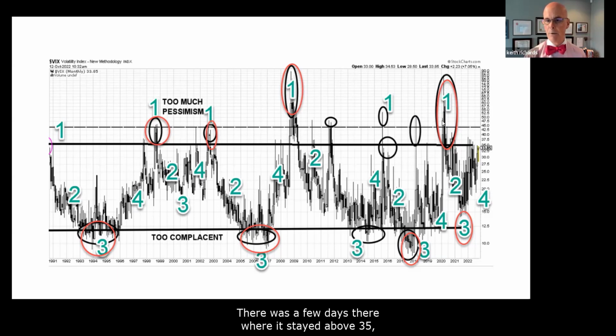There were a few days there where it stayed above 35, but there was one biggie where the VIX went quite high, as it did in the 09 March bottom. Okay, so we're not even near that yet. I mean, we see the VIX is high, but it's not at full-on capitulation.